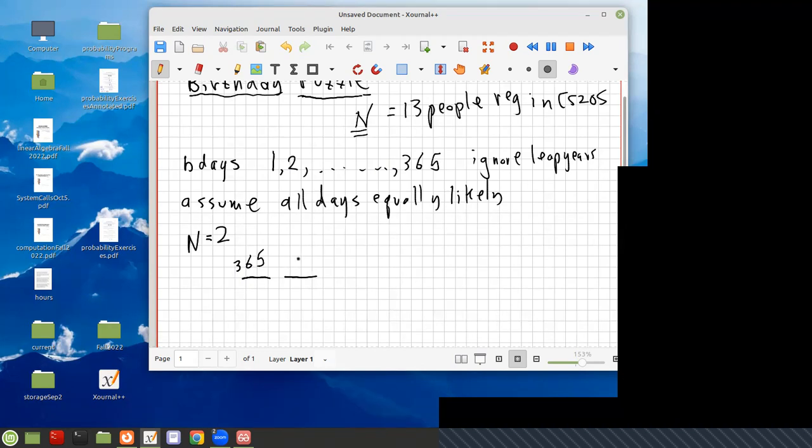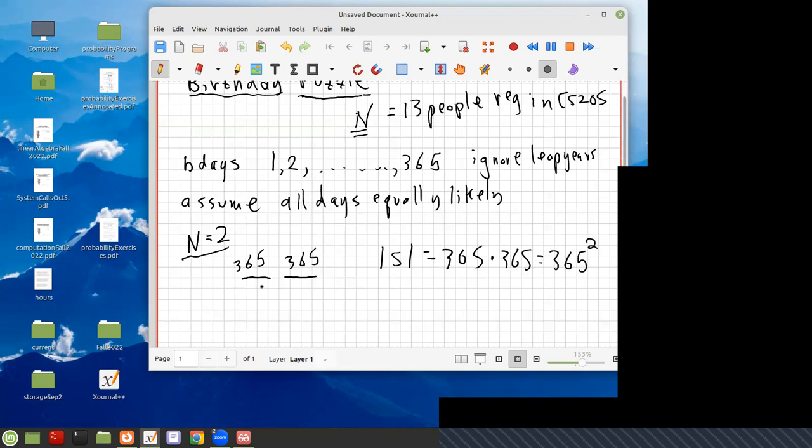Now, if they weren't on the same day, the second person could also be born on any of 365 days. So what's the sample space size? It's going to be a number from 1 to 365 times a number from 1 through 365, since they're born independently, presumably. So the sample space size here is 365 times 365, which we can write as 365 squared.